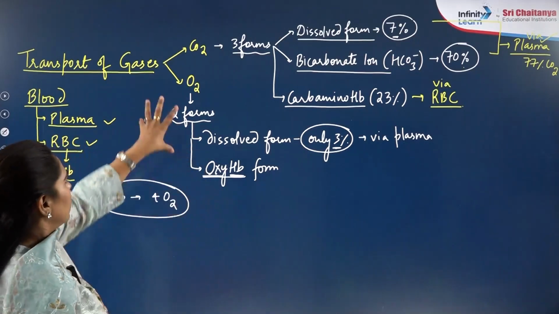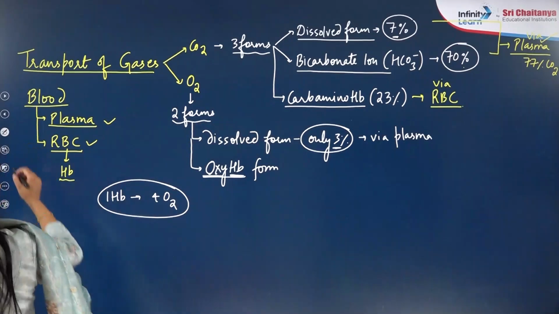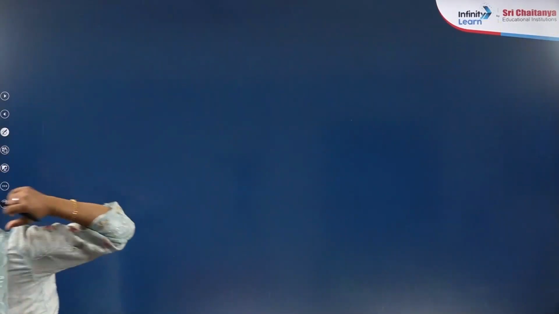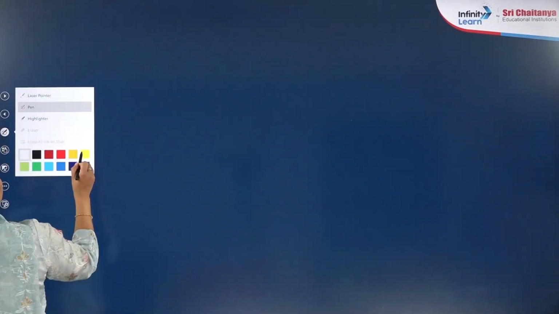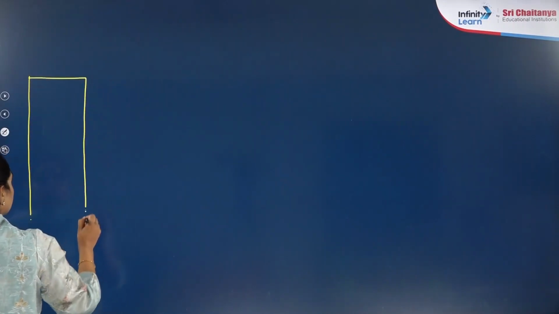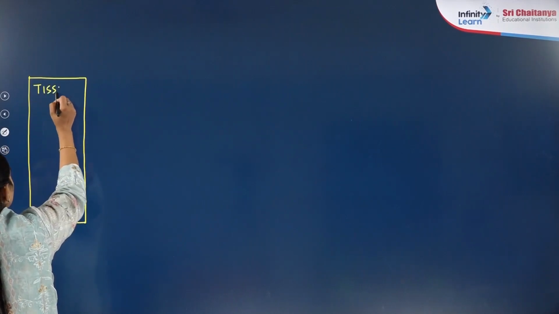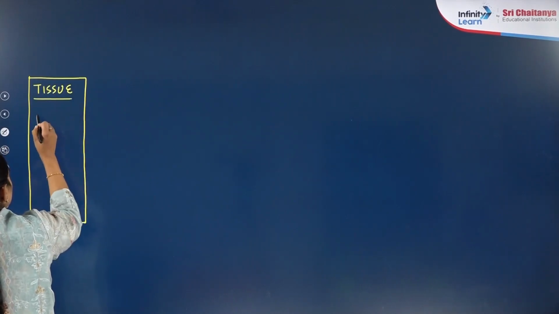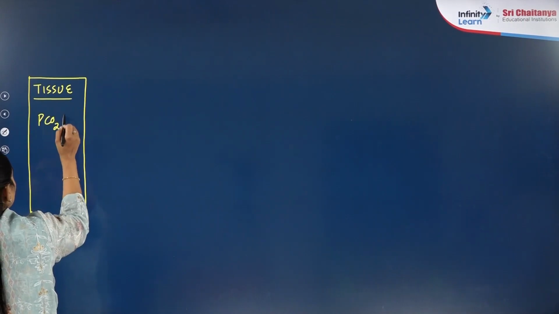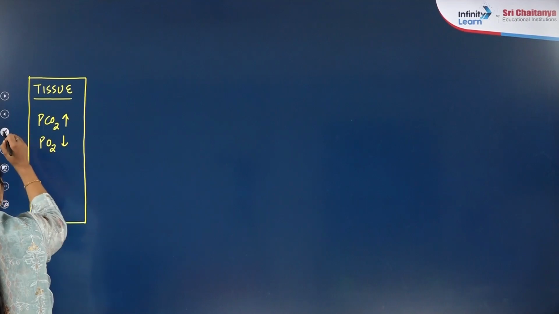So now, first of all, we are going to discuss the transport of CO2. From where will the transport of CO2 start? It will start from the tissues, obviously, because at the tissues the CO2 is getting released. That is why the partial pressure of CO2 is more here and the partial pressure of oxygen is less here.